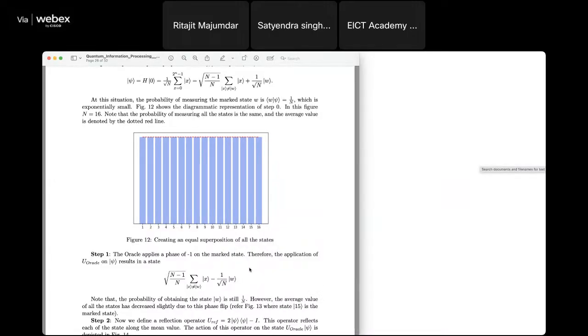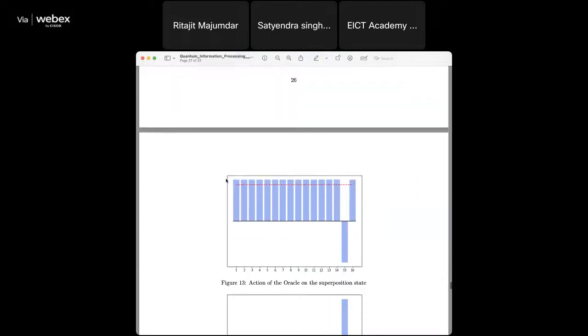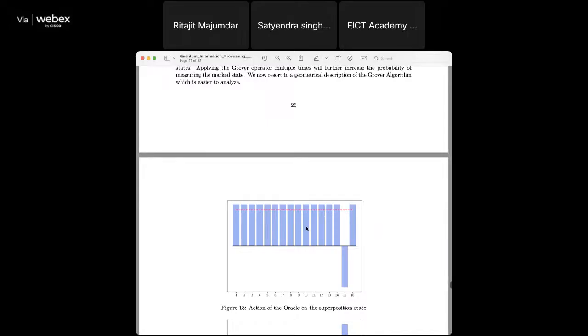What is now the probability that if I do this, yes, exactly, flipped. What is the probability that I'll get the good state? It is still 1 over n, right? Just having a minus doesn't change the probability. It's the square of this. So it is still 1 over n, but there is a minus phase. So if I want to represent this, it gets flipped like this. So this is how it looks now.